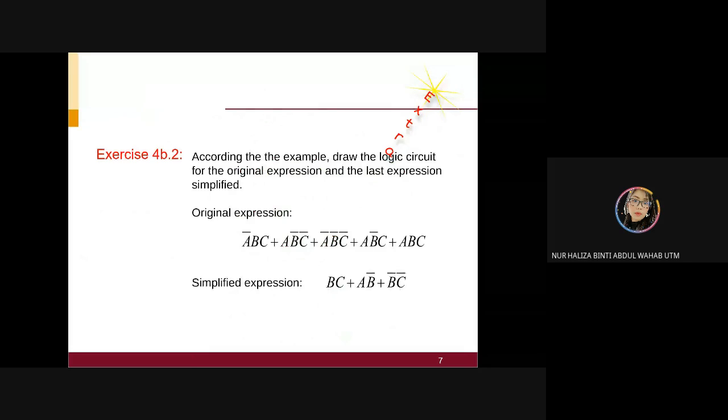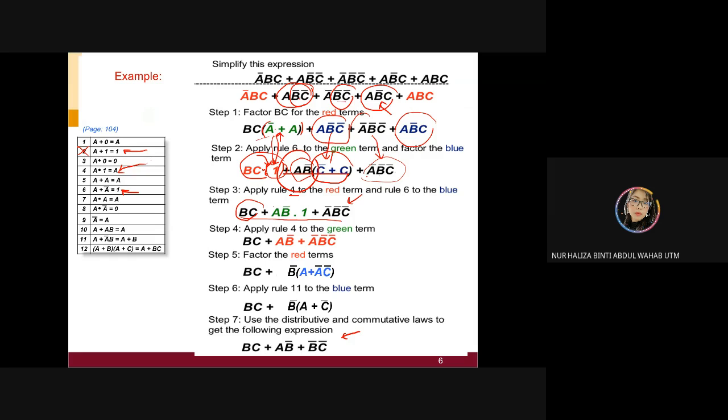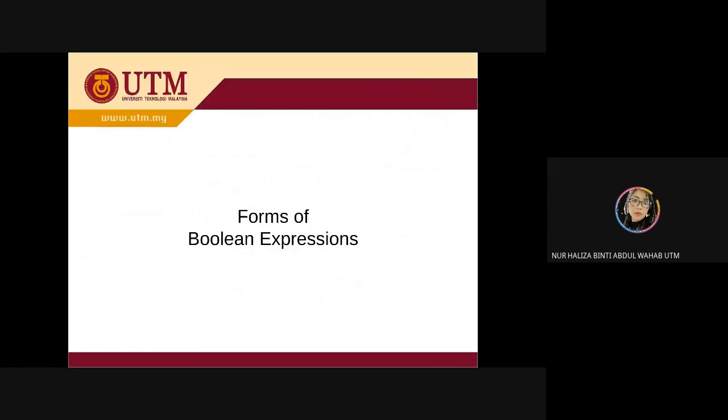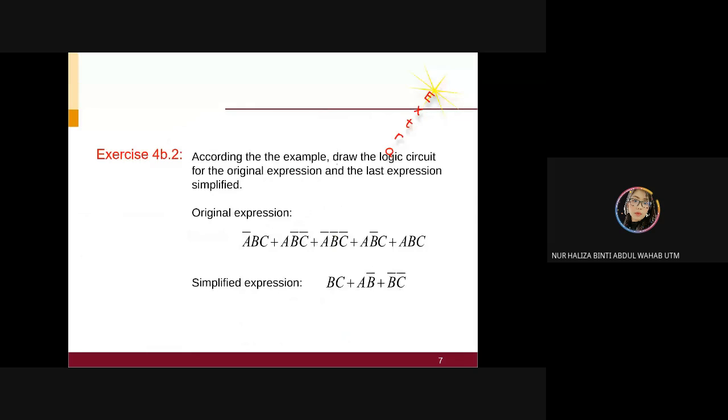Okay, from here, according to the example that has been given here, draw the logic circuit for the original expression. Okay, this is your original expression, the one similar to the example previously. And after that, you need to draw the circuit.